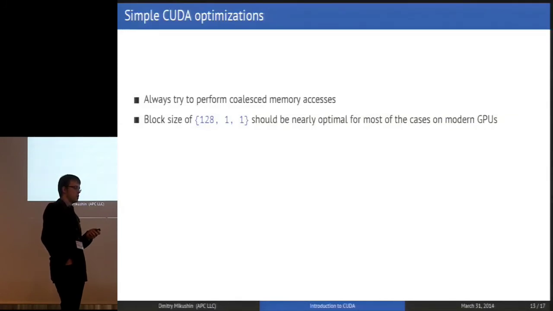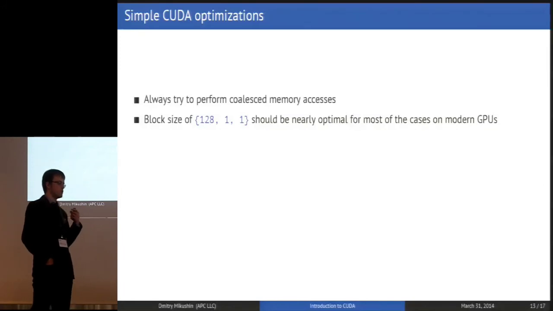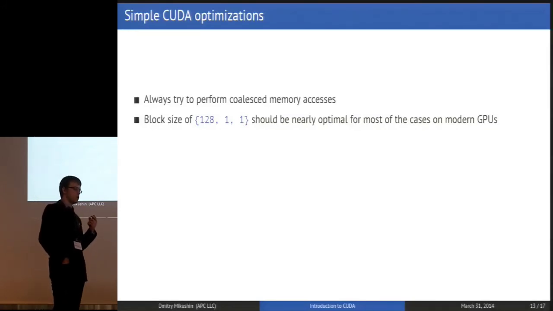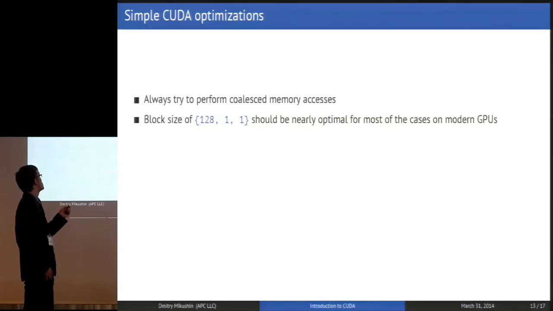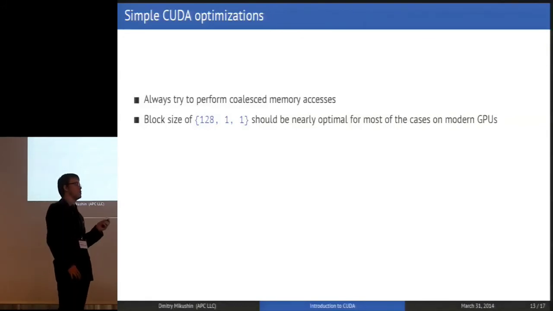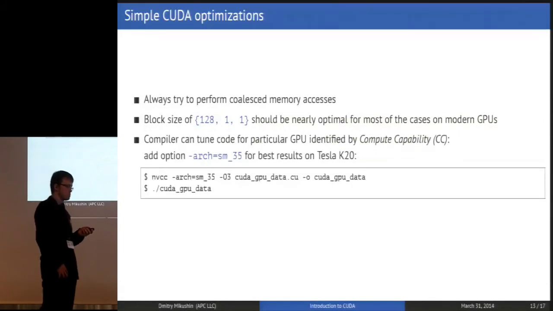A popular problem for newbies is what should be the block size, because you have a degree of freedom. You can set up any numbers there, in fact. So if you have no idea, you can start with this block configuration, and it should be almost optimal for most cases on modern GPUs.